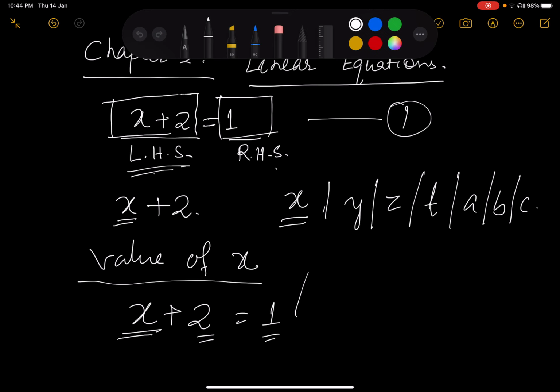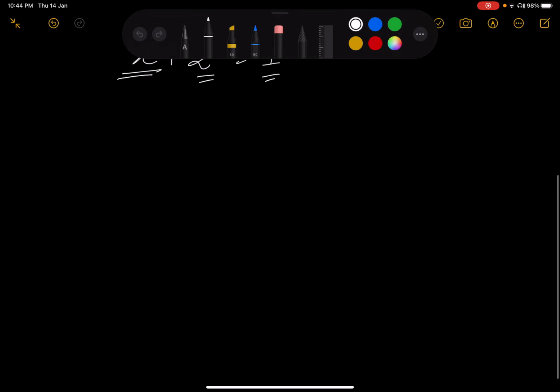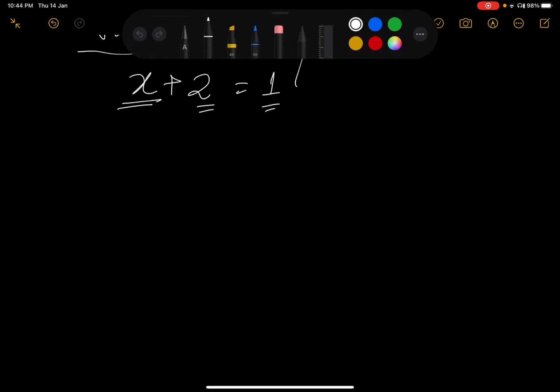What you will have to do is bring all the numerical numbers to one side and keep the unknown quantity, whether it is x, y, z, a, b, c, whatever, on one side.